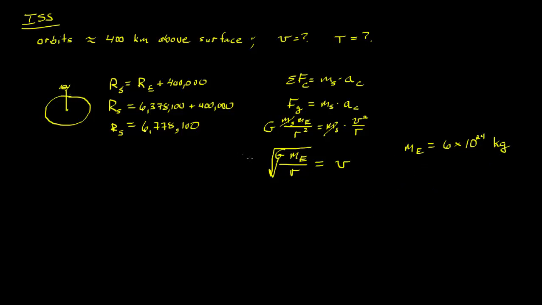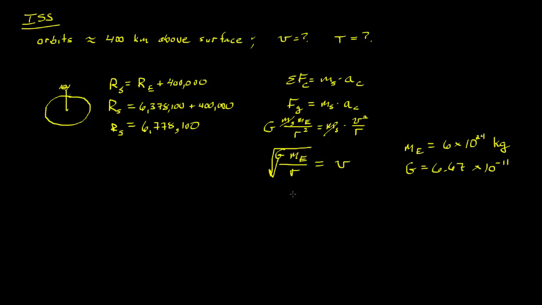So if we plug in those numbers, G is your gravitational constant, which you already found. What is it? I can't even remember. It's 6.67 times 10 to the negative 11. And the mass of the Earth, and then the r is going to be this quantity.